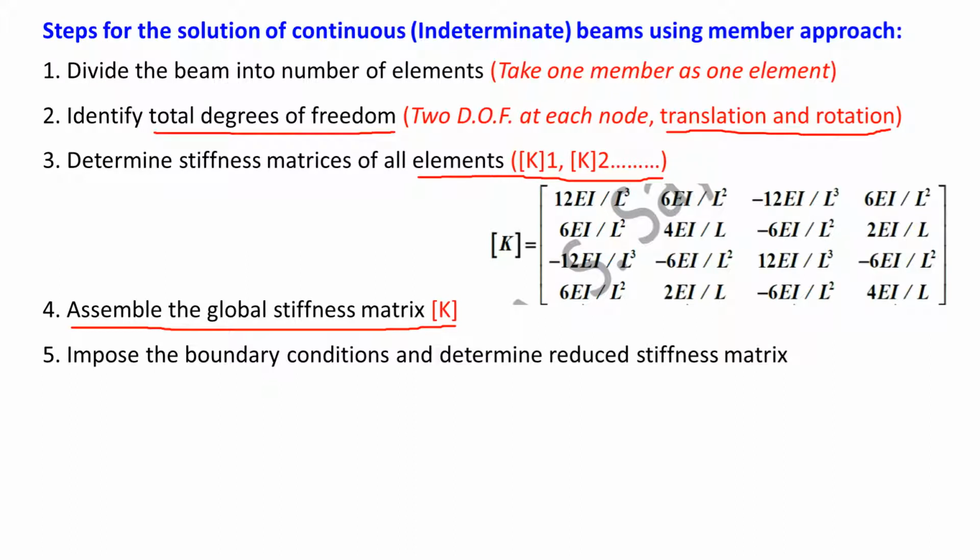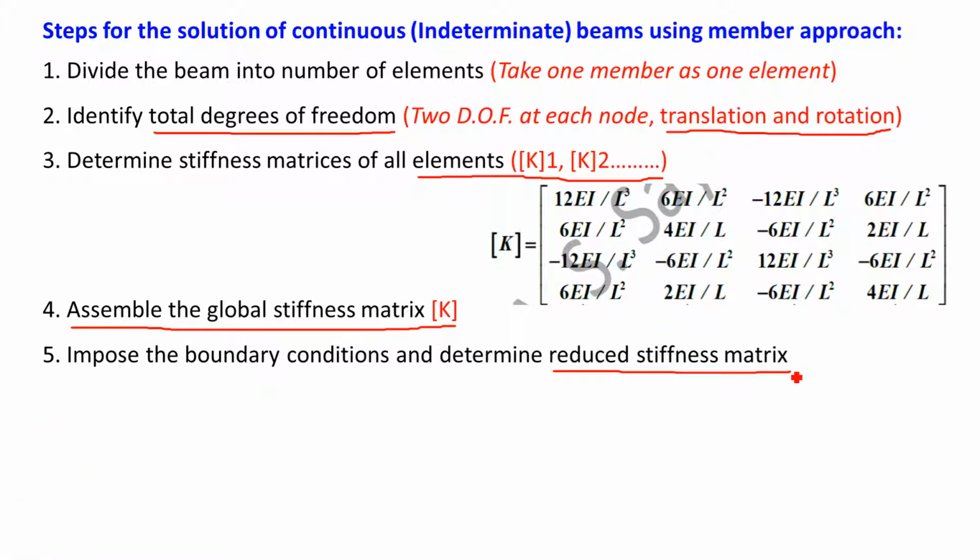Reduced stiffness matrix means a stiffness matrix developed for non-zero kinematic unknowns. The kinematic unknowns which are 0 are treated as boundary conditions, and the ones which are not 0 are those we have to determine.